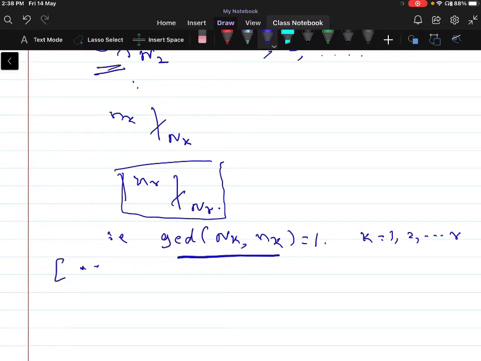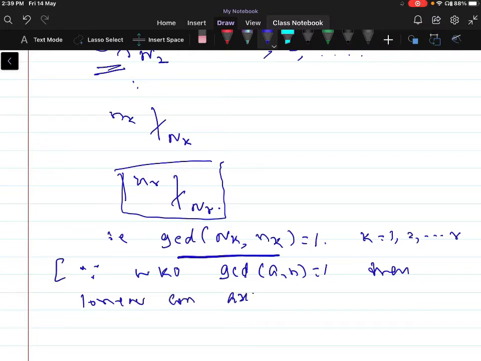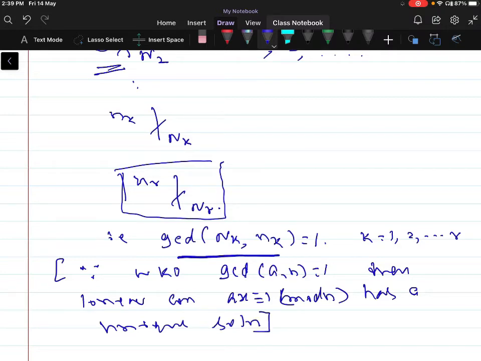Since we know that if GCD of a comma n is equal to 1, then the linear congruence ax is congruent to 1 modulo n has a unique solution. So this is one of the properties.